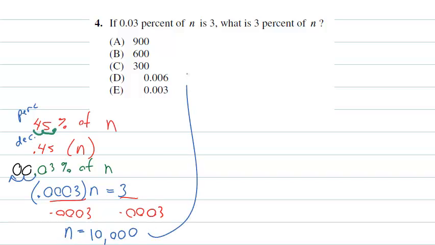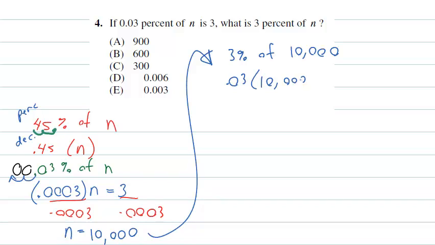So now that we know that n is 10,000, we need 3% of that. So 3% of 10,000 is 0.03 times 10,000, which is 300. So the answer to the question is 300, which is C.